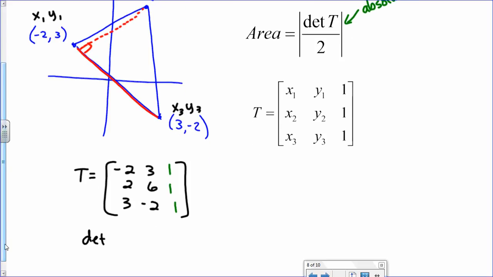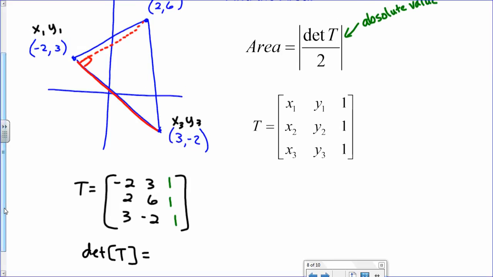So let's find the determinant of T. So type that in your calculator, the same way we just did. So for the determinant, you should get 35.